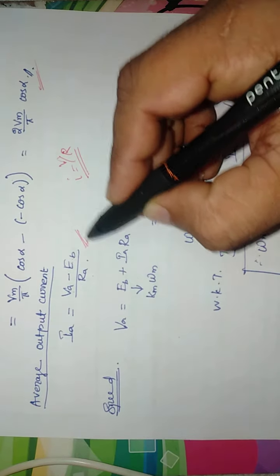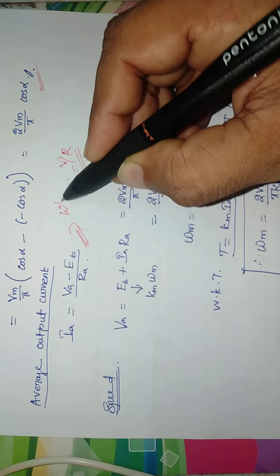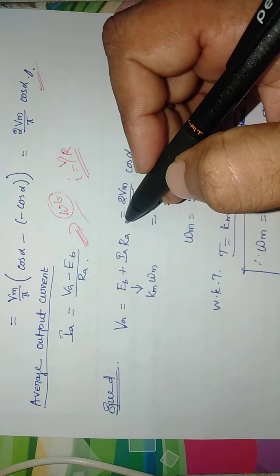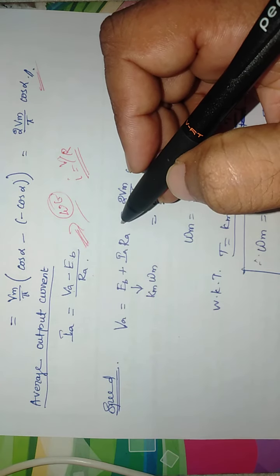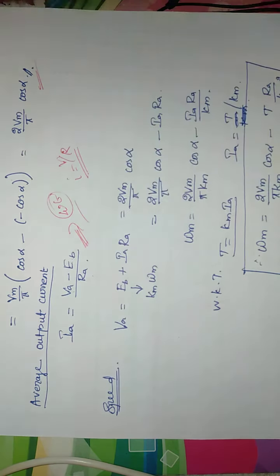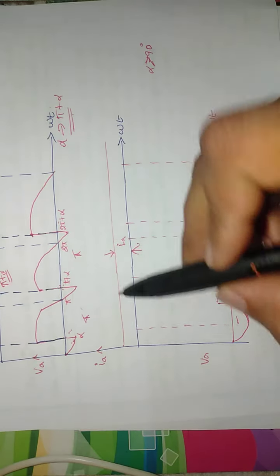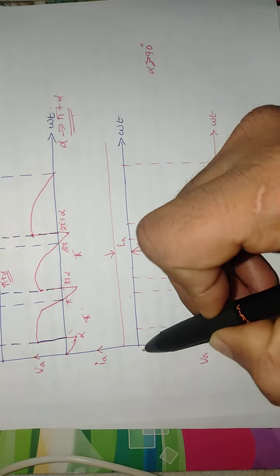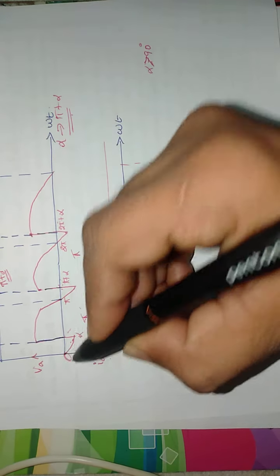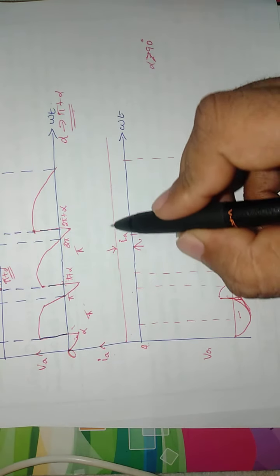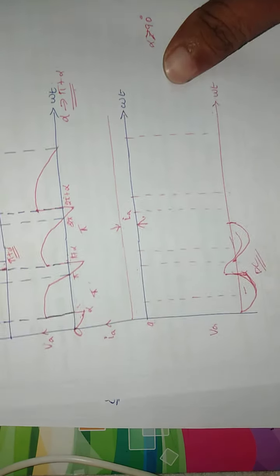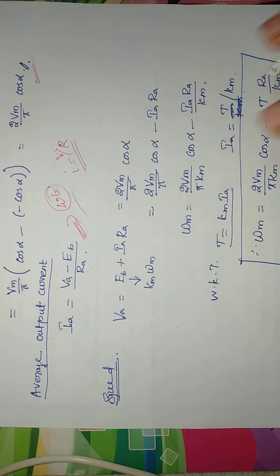So this output current does not depend upon omega t, and we can identify that because it doesn't change. Once it is started, we continuously get the output. That is the waveform we have. Ia, if it started at 0, has no lagging, we continuously get output, so Ia will not change.